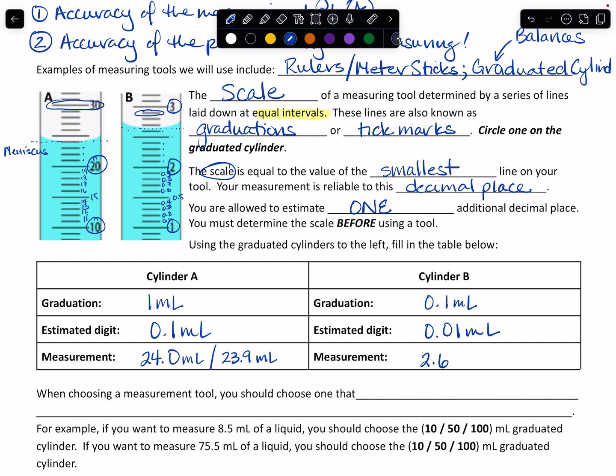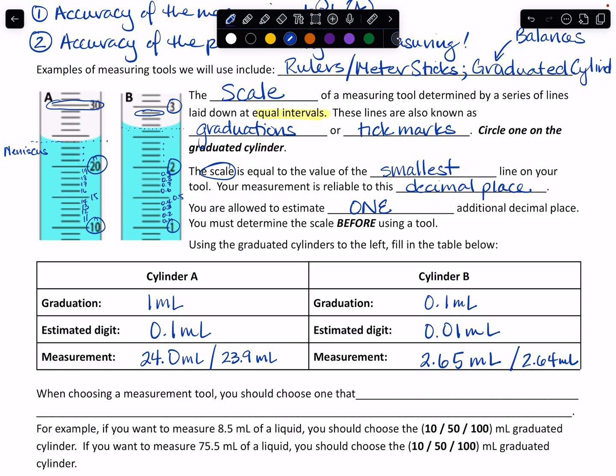It looks like it's halfway between those two graduations. So I'll probably go with 5 here and list my measurement as 2.65. But again, maybe you go with it being a little lower and you put 2.64 or a little higher at 2.66. The key is that we are all in the same general ballpark with that measurement.